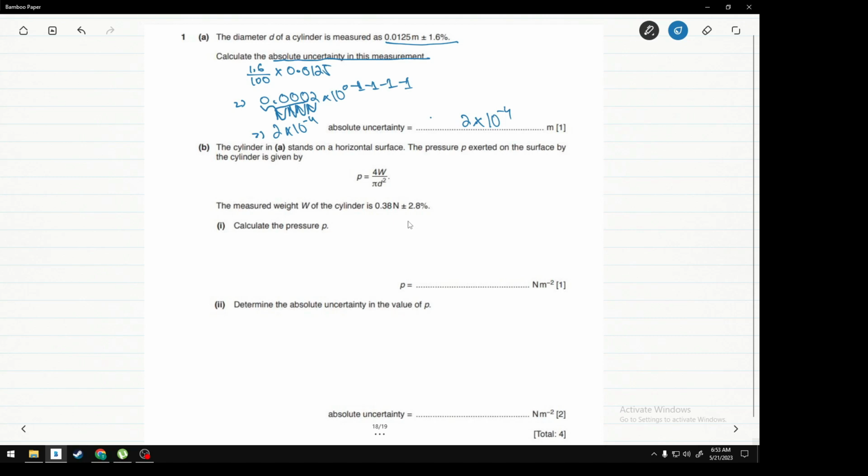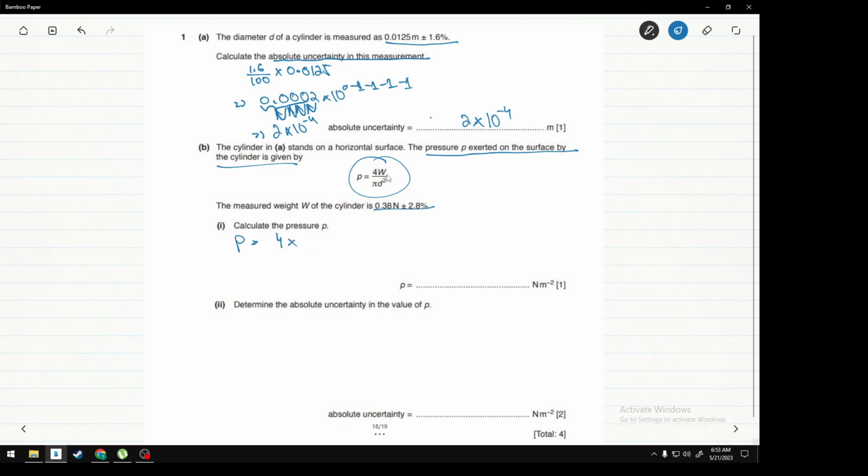The cylinder in A stands on a horizontal surface. The pressure exerted on the surface by the cylinder is given by this, right? This is our equation. The measured weight of the cylinder is this, and with error values, calculate the pressure P. So now, to calculate the pressure, we just ignore the errors, not everything.